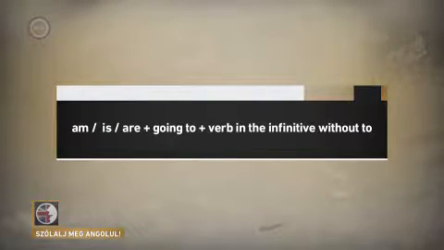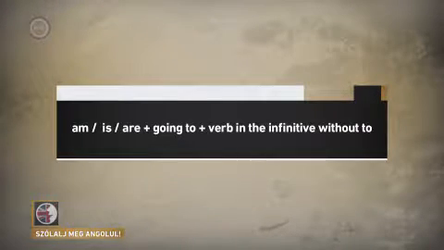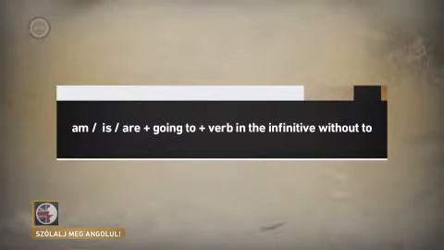If we're talking about I, then we conjugate the verb to be, I am. If we're talking about you, then we conjugate the verb to be, you are. If we're talking about the third person singular, we have to conjugate the verb to be, he, she, it, is.